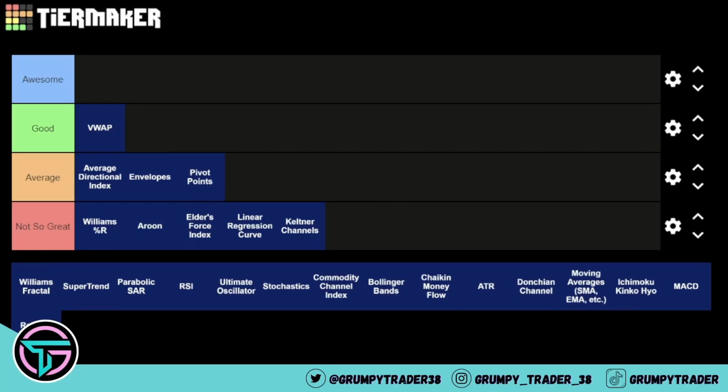Okay? Now, next is the Williams fractal. You guys know that I use Williams fractal. Okay? And I really like Williams fractal because the shortcut it gives me is useful. What does Williams fractal do? Number one, if you want to know more, the link to that video is in the description box below. But essentially, what it does is it identifies the key points of swing high or swing low.